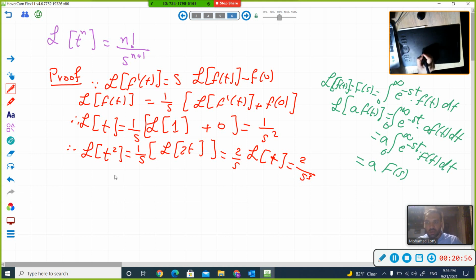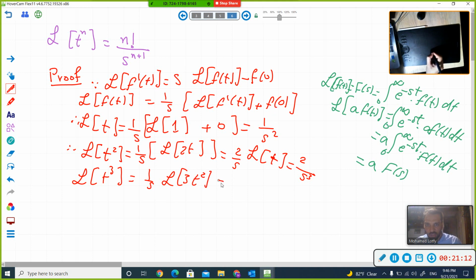And what about the Laplace transform of t to the power 3? It will be 1 over s times the Laplace transform of the derivative of that one, 3 t squared. Okay, and the initial condition, sure, it will be 0.